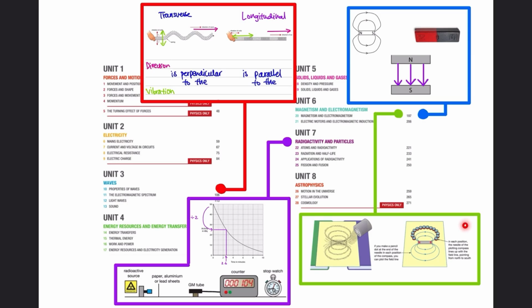Green box down here, this is the experiment for finding out the magnetic field lines around a bar magnet. Know your shopping list. You need iron filings, plotting compass, bar magnet, paper, and pencil. And then finally, purple box, know the definition of half-life. It is the amount of time for half of the radioactive nuclei to decay.